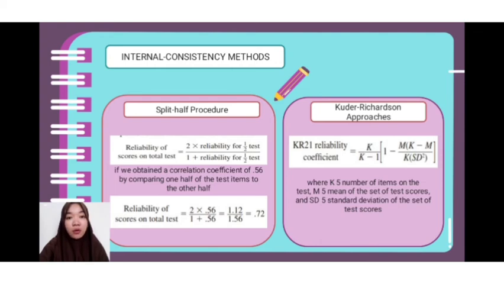KR21 reliability coefficient equals K over K minus 1, times 1 minus M times K minus M over K times SD squared, where K is the number of items on the test, M is the mean of the set of test scores, and SD is the standard deviation of the set of test scores. Although this formula may look somewhat intimidating, its use is actually quite simple.